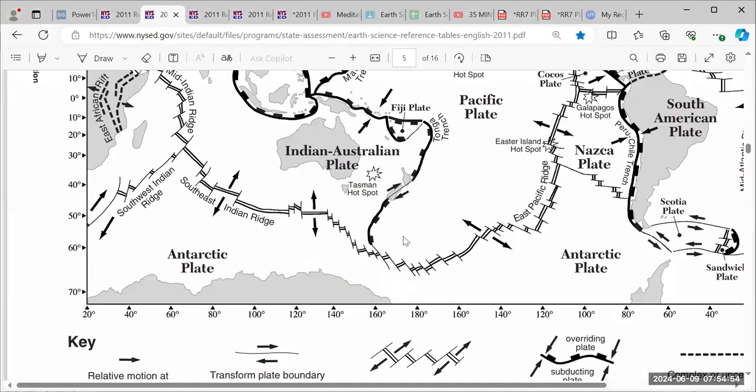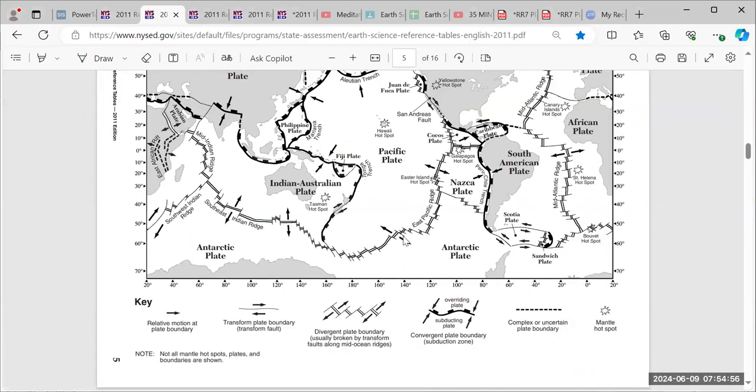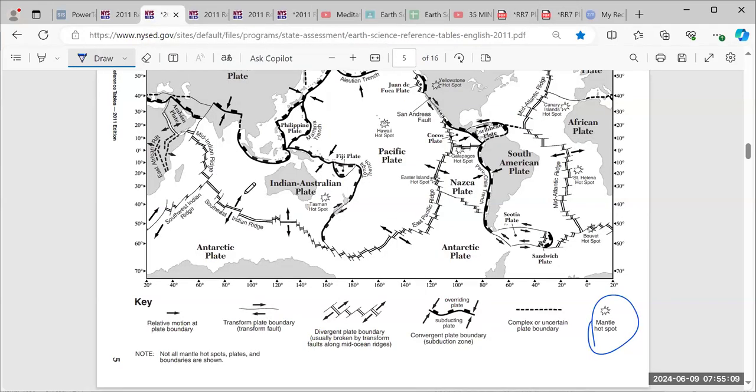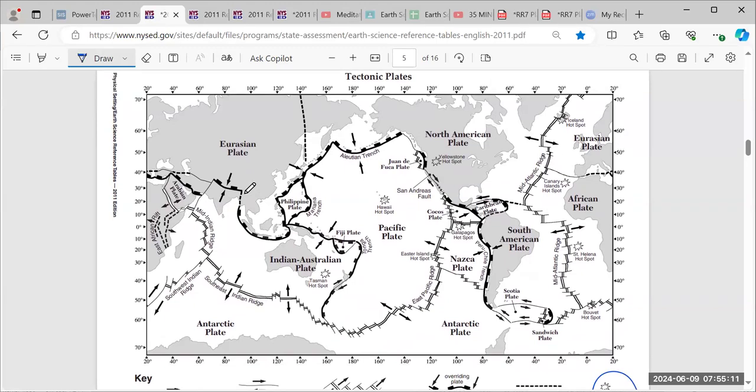This is the symbol for hotspot. Out of the 4 hotspots they give me, Canary Islands, Easter Island, Hawaii, and Tasman, I'm going to look at the Canary Islands. So let's go take a look.